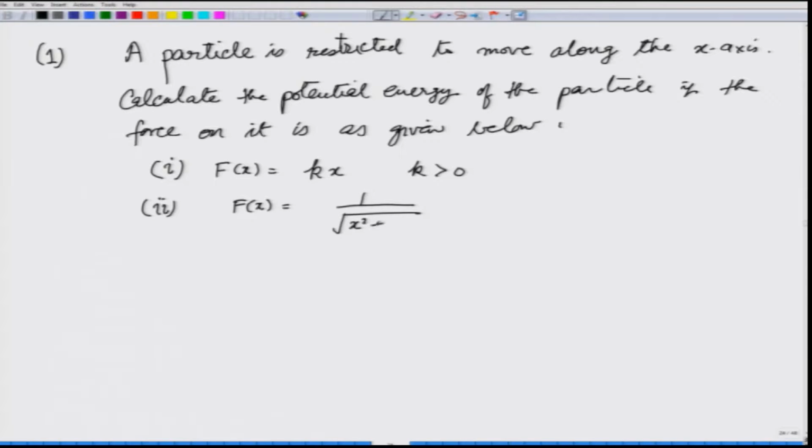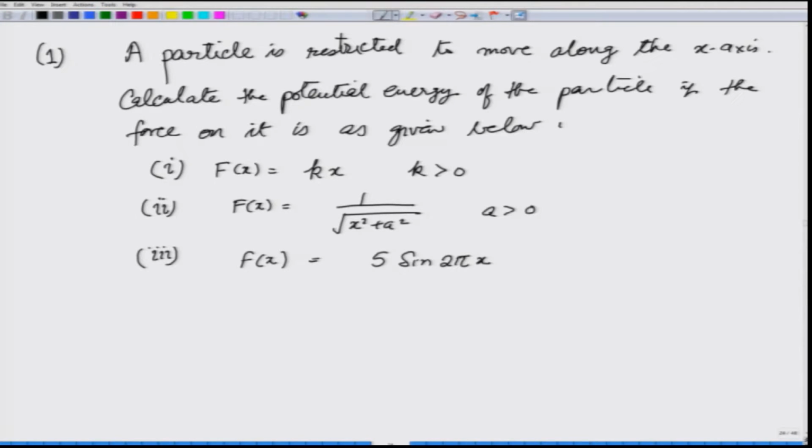2, Fx equals 1 over square root of x square plus a square, a is also greater than 0, and 3, Fx equals 5 sine 2 pi x.